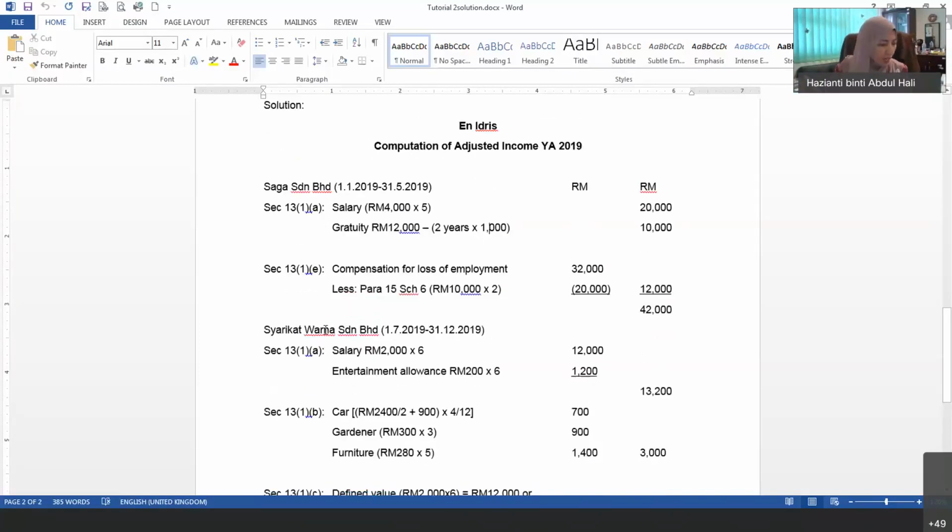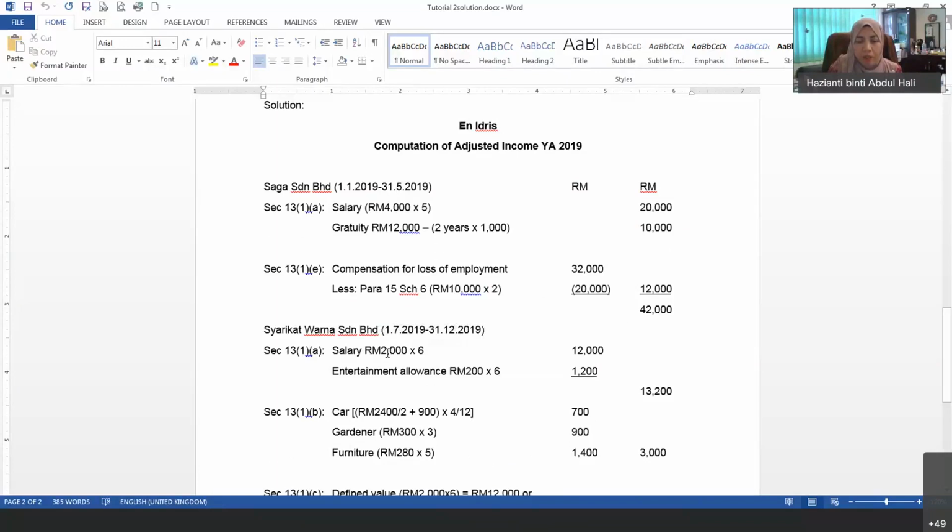And then for the second company, Syarikat Warna, again the salary is 2,000 times 6. I put the date here, and in your answer you can also put the date to make your computation easier to follow, because here it is a different company and different date. He started in July 2019, and our computation would be from 1st July until 31st December.